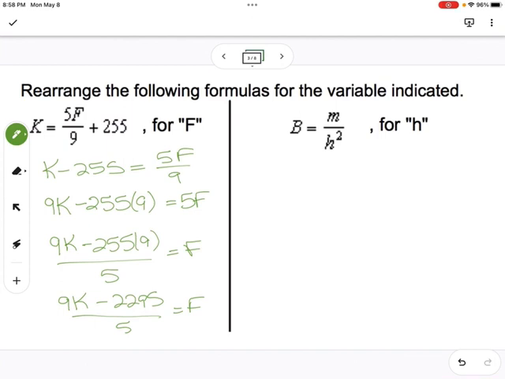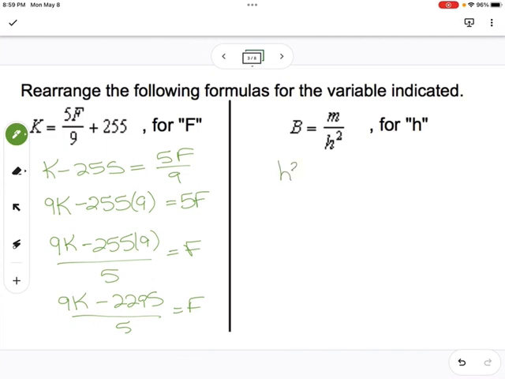Next one, b equals m over h squared, and we want to solve for h. Okay, so looking at this here, we're going to have to do a couple of steps to get h by itself since it's on the bottom. So the divided by h squared here, instead of dividing, we're going to bring it over here, multiply.